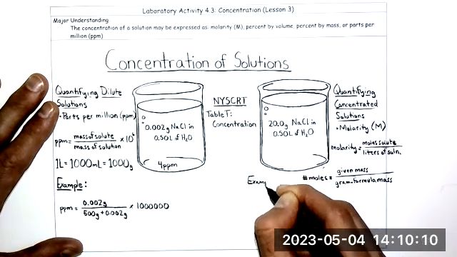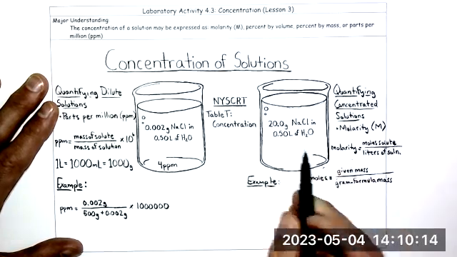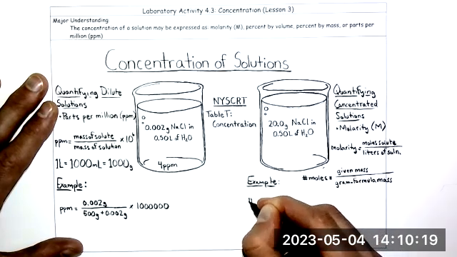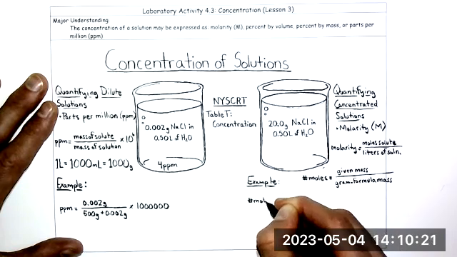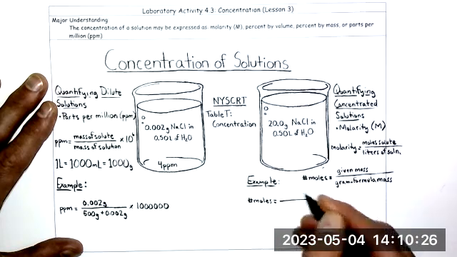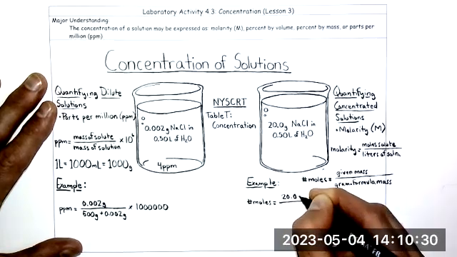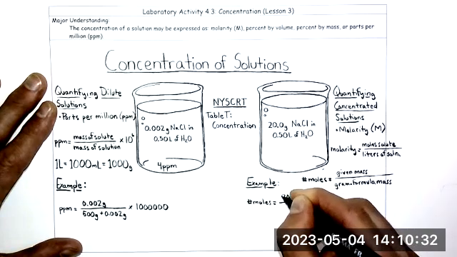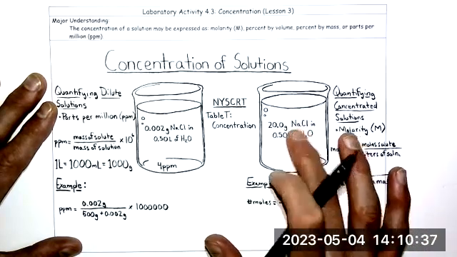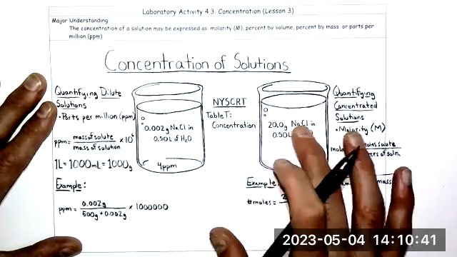The first thing we have to do here is convert grams to moles. We can use our mole calculation equation. Number of moles will equal our given mass, which is 20 grams, divided by the gram formula mass, which is the atomic masses of each atom present in the compound.